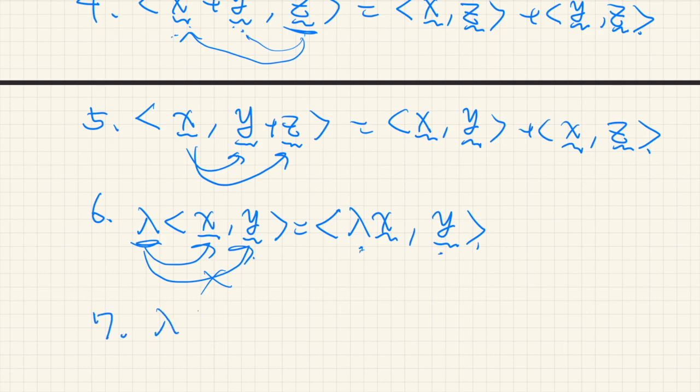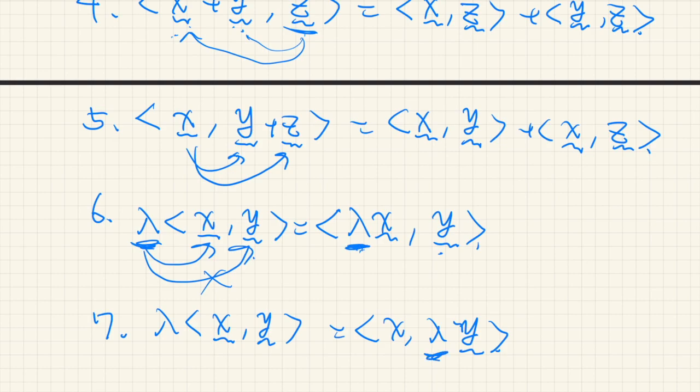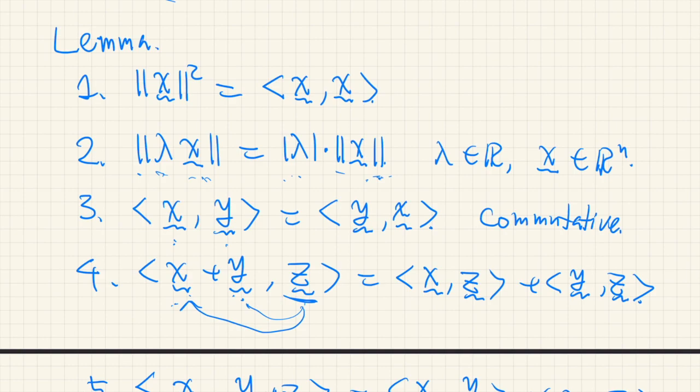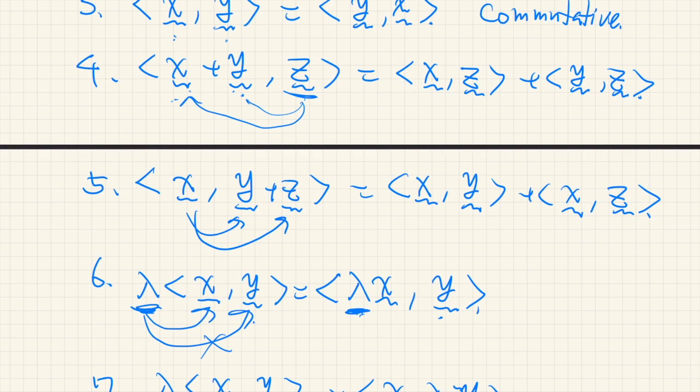So this is actually also equal to x times lambda y. So this lambda can come either here or here. So all these properties are very easy to prove. Just apply the definitions of the norm or the scalar product, and you should try to prove them all.